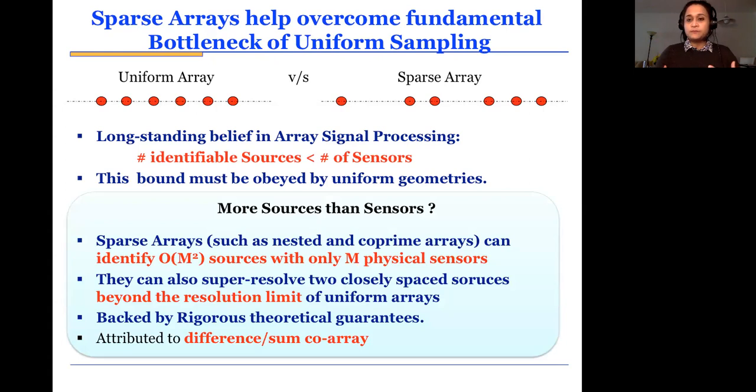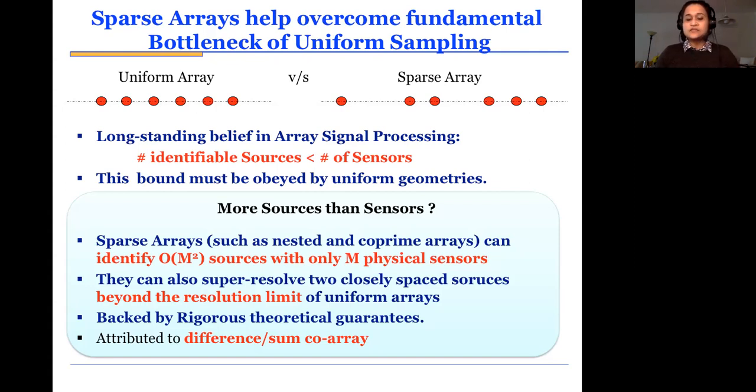Using that geometry, you can develop algorithms that can exploit that geometry and the structure and identify order of M squared sources with only M physical sensors. Moreover, they can also resolve two very closely located sources, which is beyond the resolution limit of uniform arrays. So both of these advantages are there. And these can be backed up by rigorous theoretical guarantees.